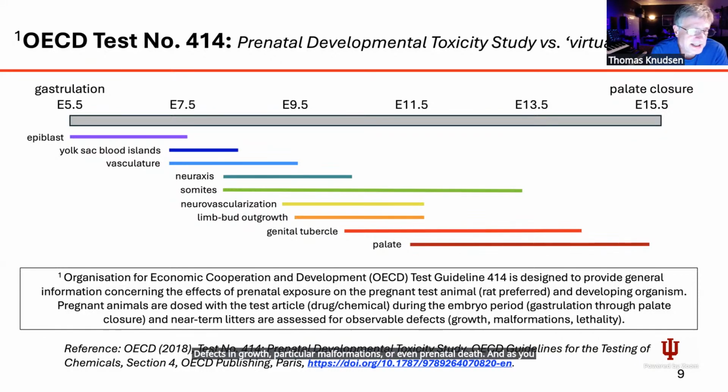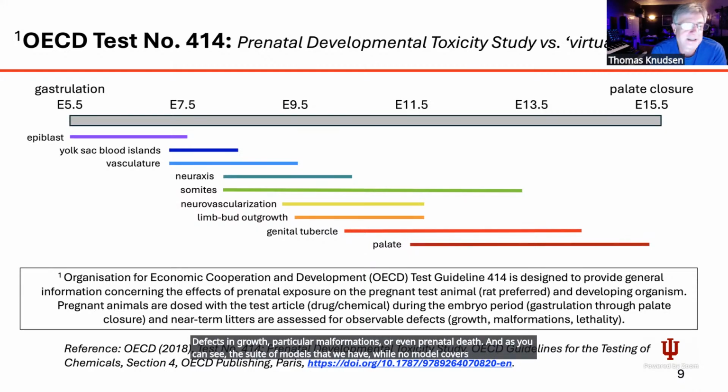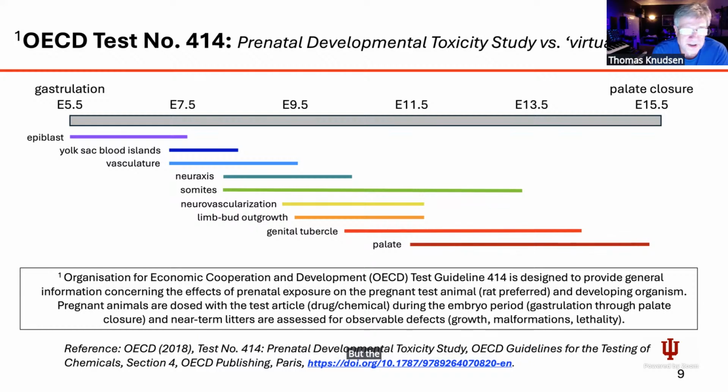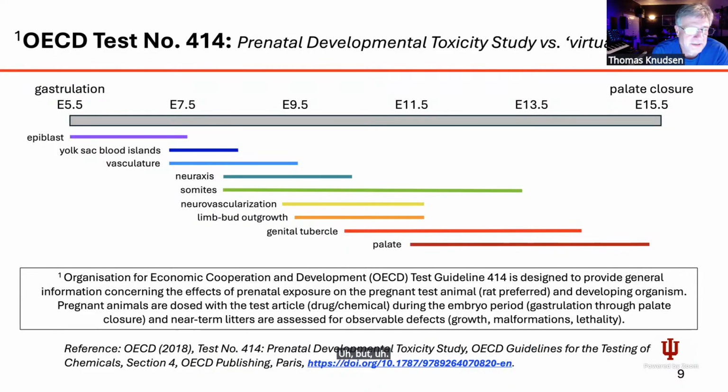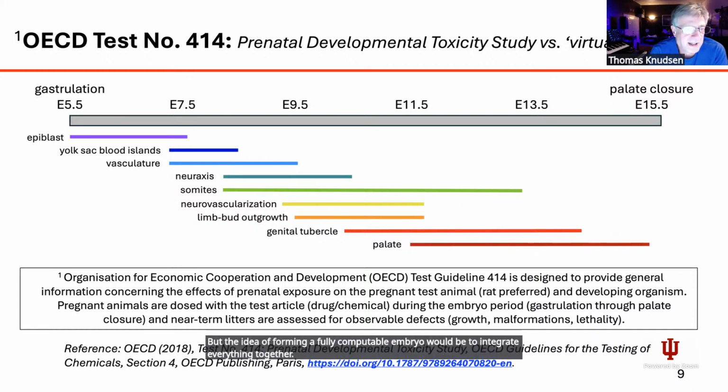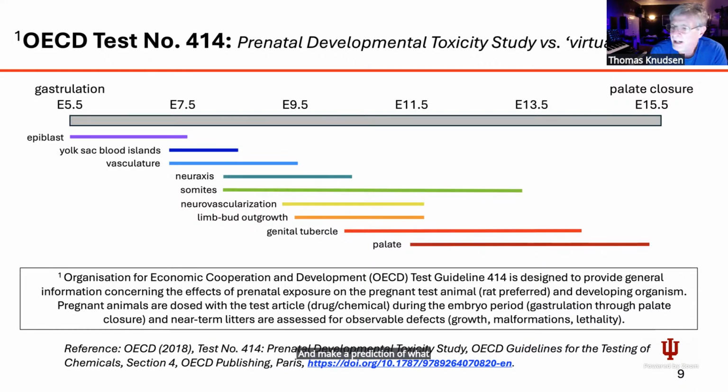As you can see, no single model covers the entire period, but the suite of models pretty much covers that period of time. Granted, each different system may have pathways that are unique to a particular process, but the idea of forming a fully computable embryo would be to integrate everything together and make a prediction of what might happen if a chemical or a drug at a particular dose and stage of administration might be given to a pregnant human.